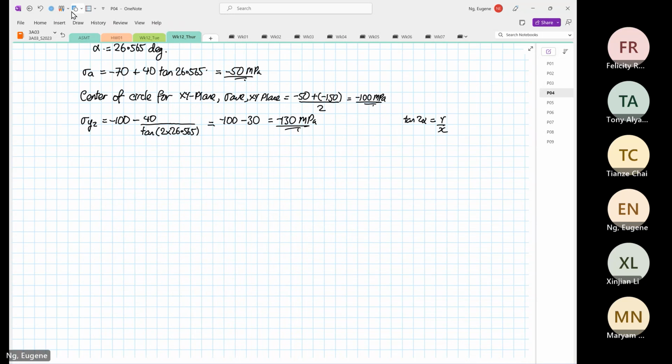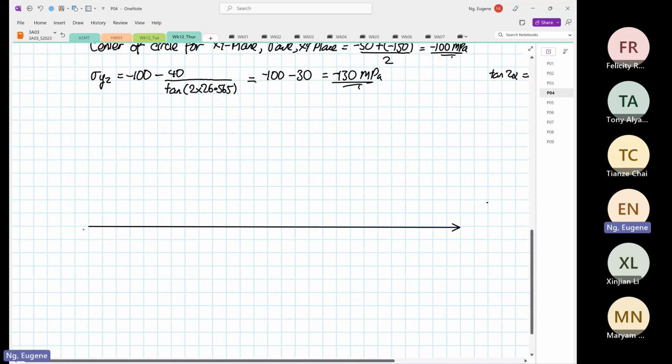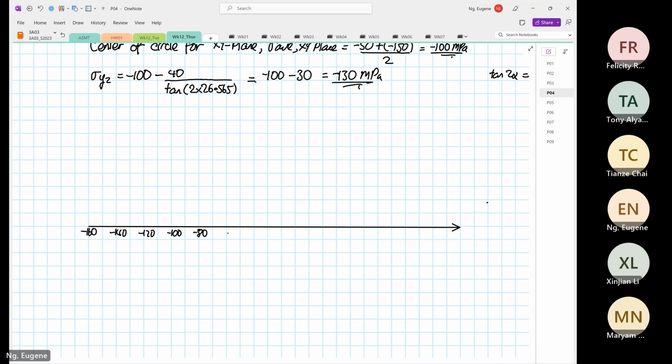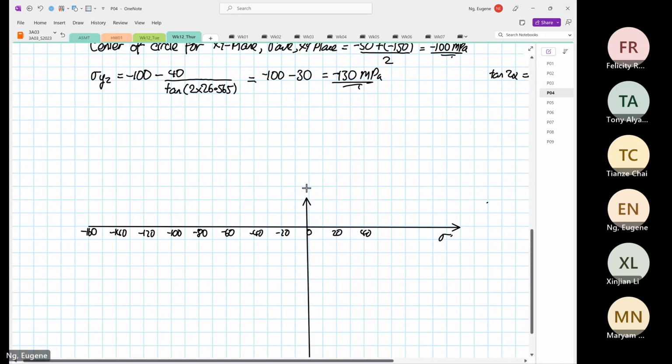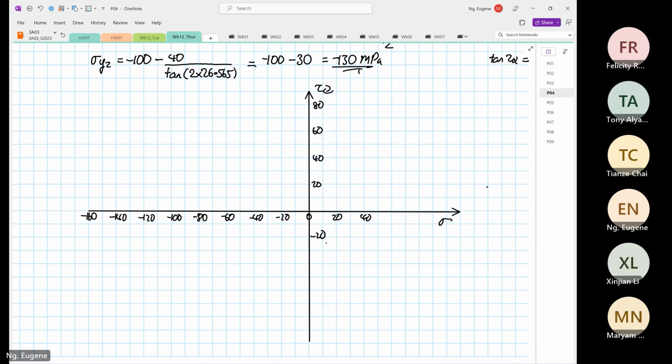So now, so again, okay, so this is our normal stress, then our shearing stress, okay.